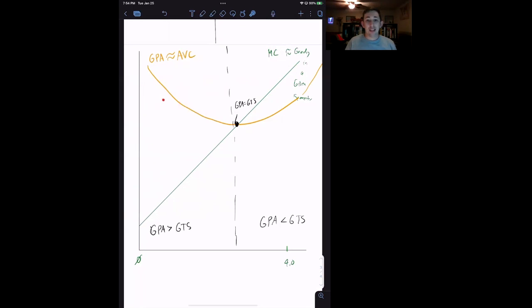And when marginal cost is below your average variable cost, then marginal cost is pulling your average variable cost down. And when they're the same, if you get your same GPA in terms of grades this semester, so maybe it's fall of 2021, and the grades you got are exactly the same as what your GPA was going into fall of 2021, then your GPA won't change. Similarly, if marginal cost is equal to average variable cost, then your average variable cost isn't going up or down, it's staying exactly the same.